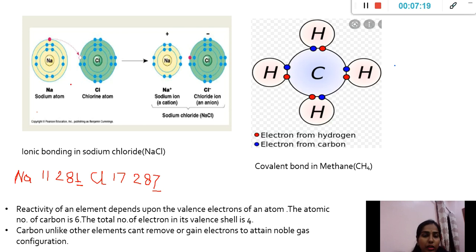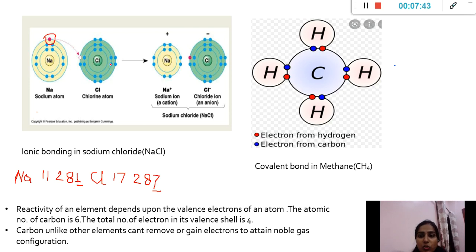So what is happening here? Sodium, being a metal, has the tendency to lose an electron. Here it is losing its electron. And chlorine, a non-metal, has the tendency to accept an electron, and here it is accepting an electron from the sodium.